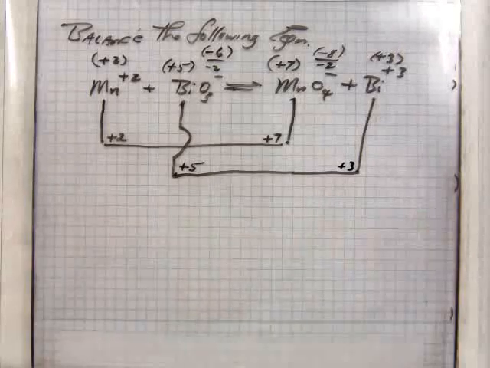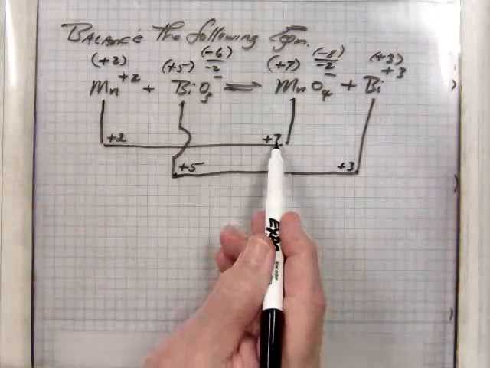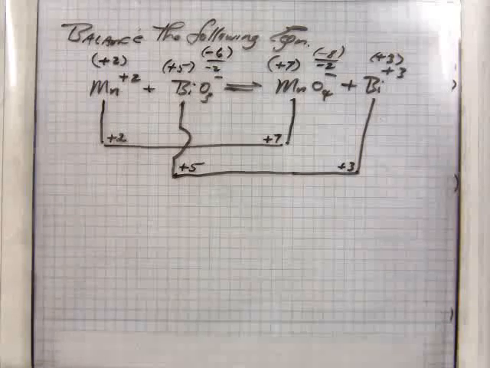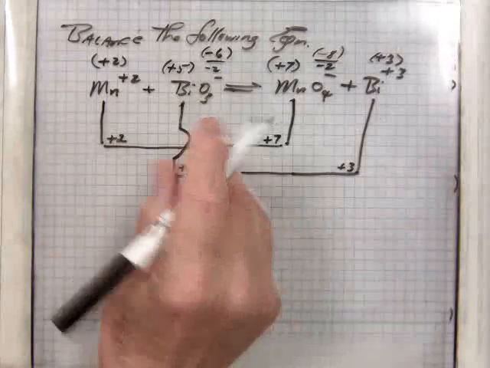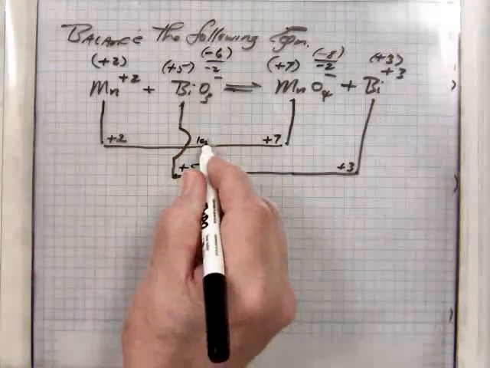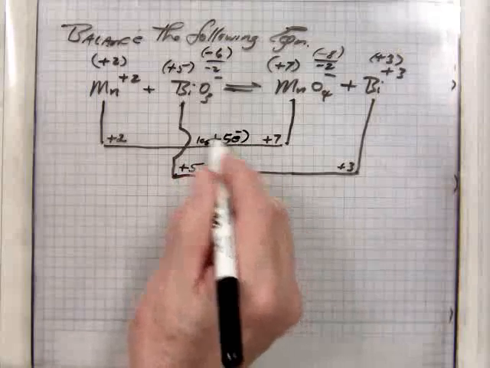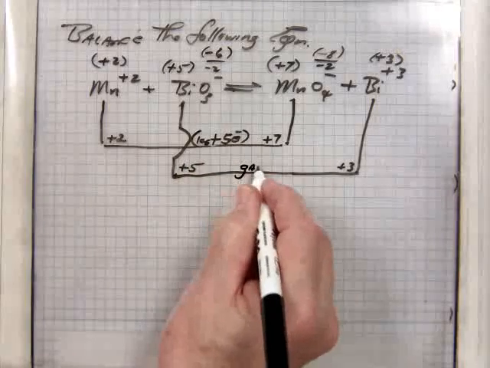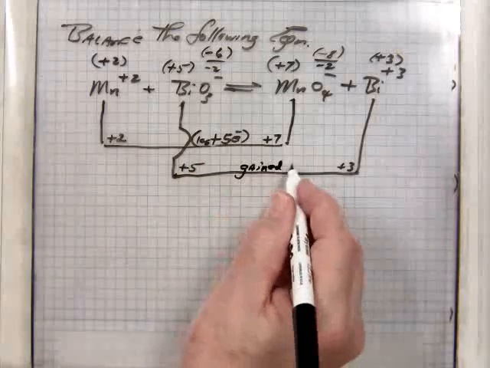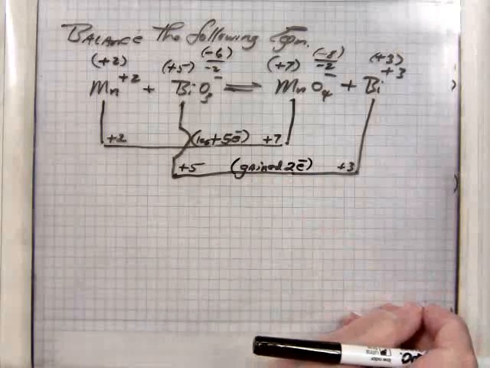Now, determining what the changes are, you're going in a more positive direction. That indicates a loss of electrons, which means a loss of 5 electrons. And 5 to 3 means you gain 2 electrons.